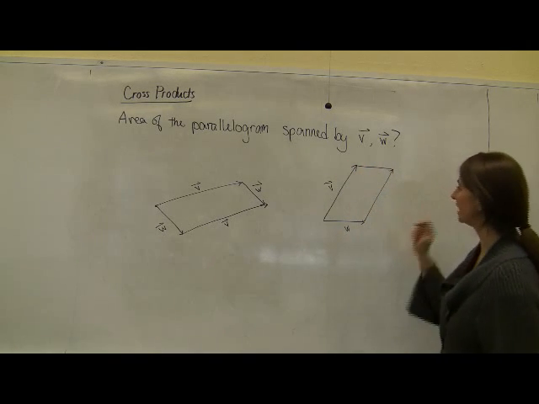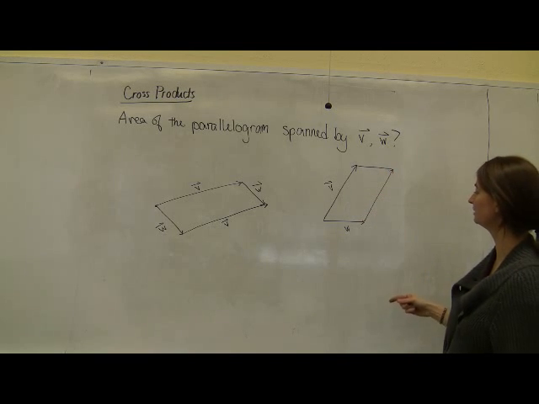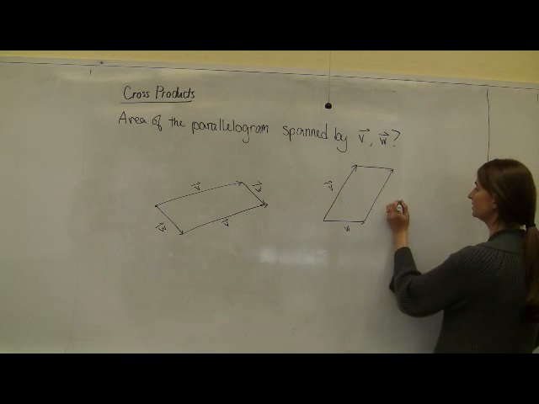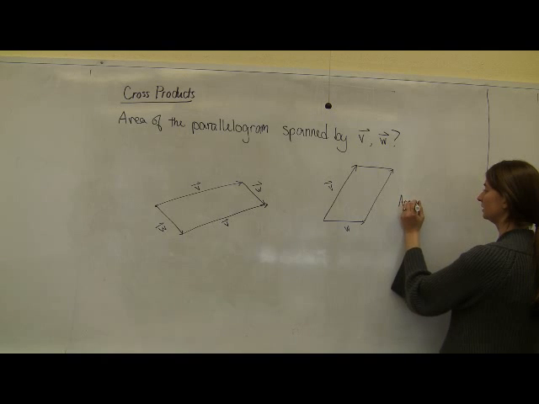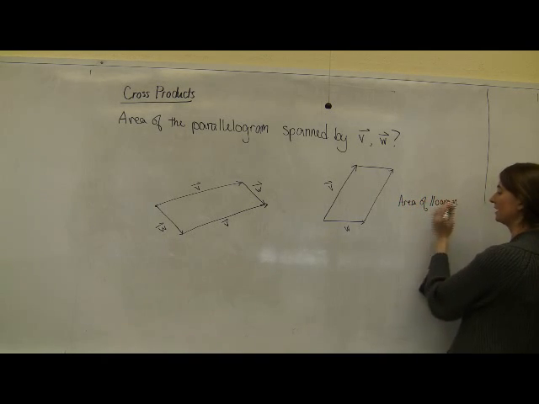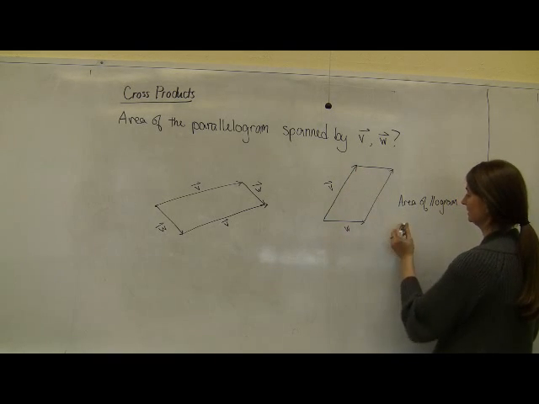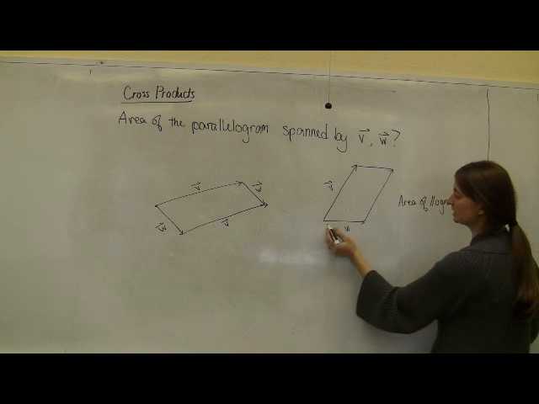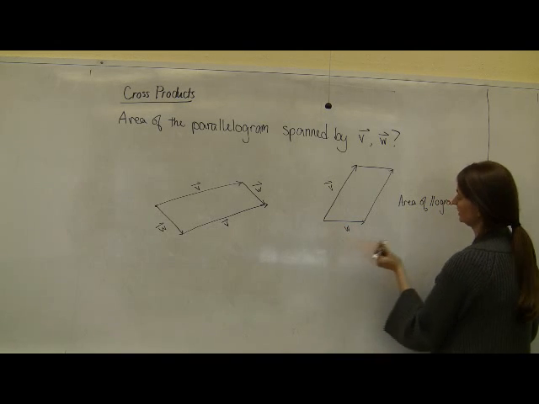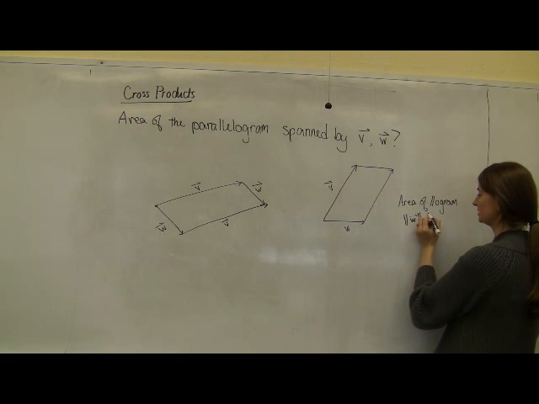So now that I've rotated it, you might recall that the area of a parallelogram is just given by the base times the height. So the length of the base, if I let w be the base, is the magnitude of w, times the height.